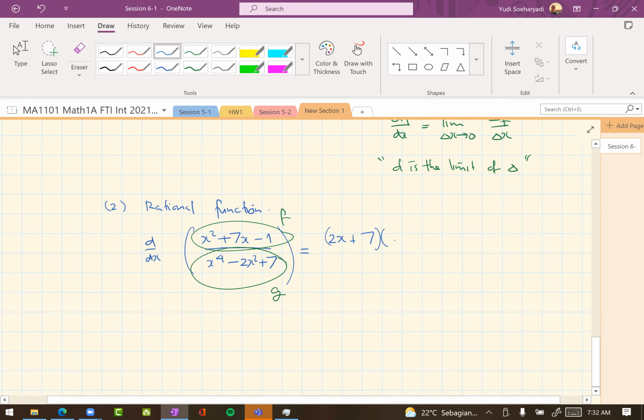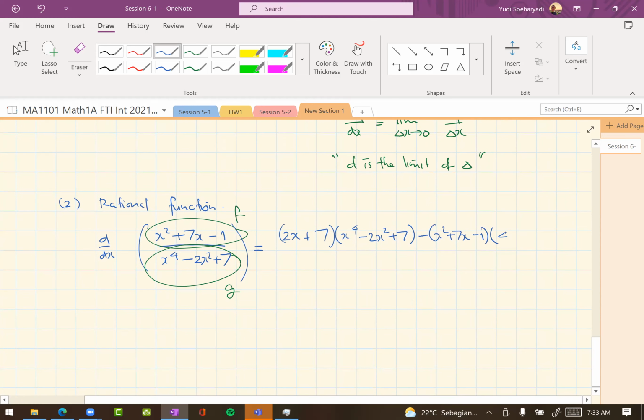Multiply by this. And you subtract f times the derivative of this. So take the derivative of each one: 4x cubed minus 2, just multiply, so it's 4x.